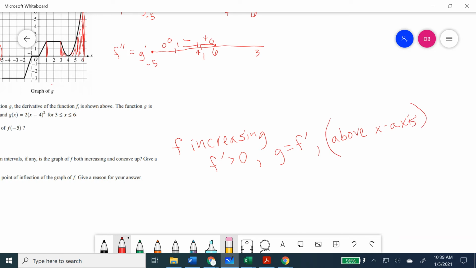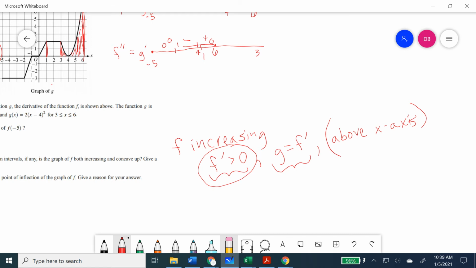Maybe I don't need to write down above the x-axis, but I'm writing that to point out that that's what I'm looking for if I'm looking for f prime being positive. I need to make sure that I explain this relationship between f and g, and then it's looking for this right here with the connection.